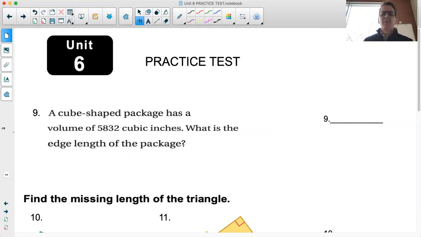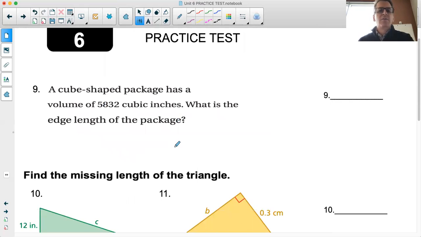Moving on to number 9. A cube-shaped package has a volume of 5,832 cubic inches. What is the edge length of the package?